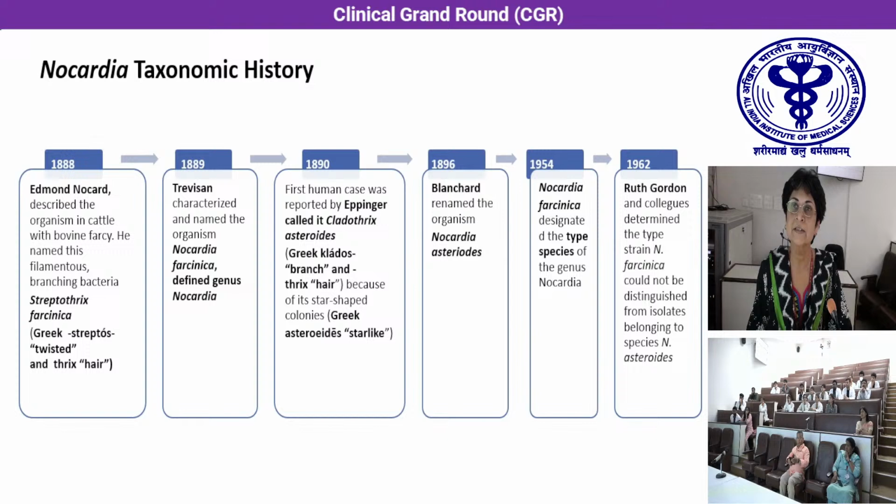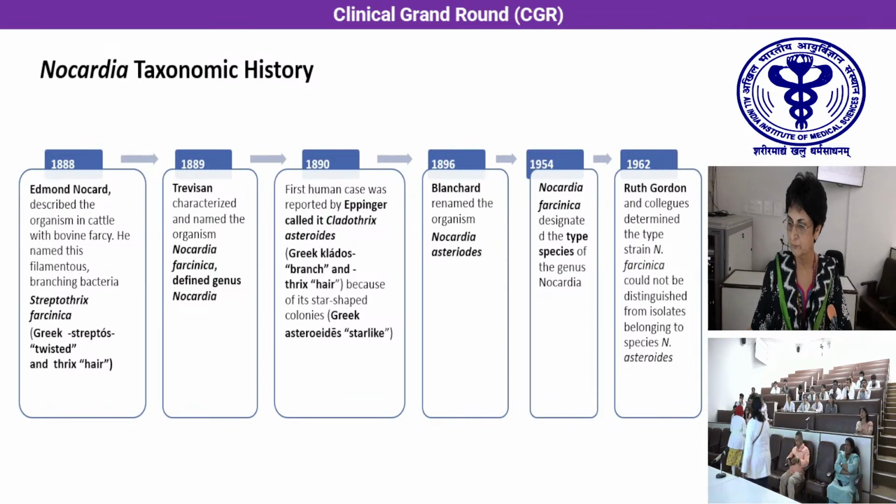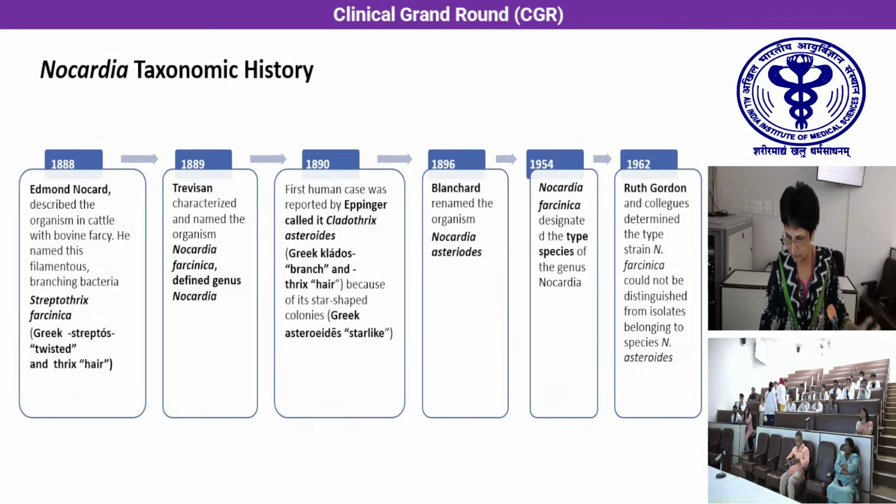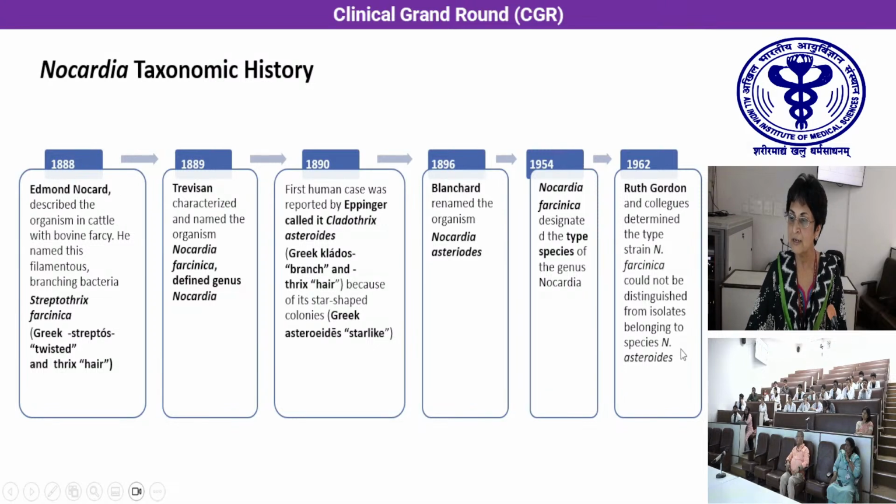But as more work continued and the phenotypic tests came in place, it was Ruth Gordon and his colleagues, who were working on phenotypic tests, who felt that Nocardia farcinica, defined by Trevisan, and Nocardia asteroides, that was defined by Eppinger, were actually the same, and that these were two different names for the same species.